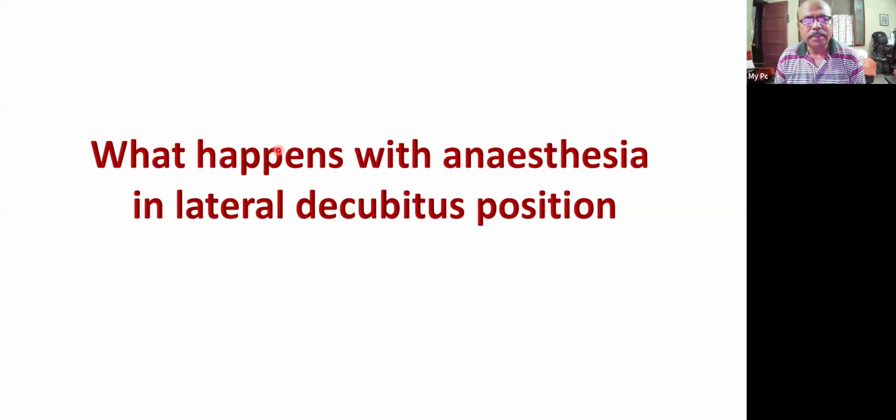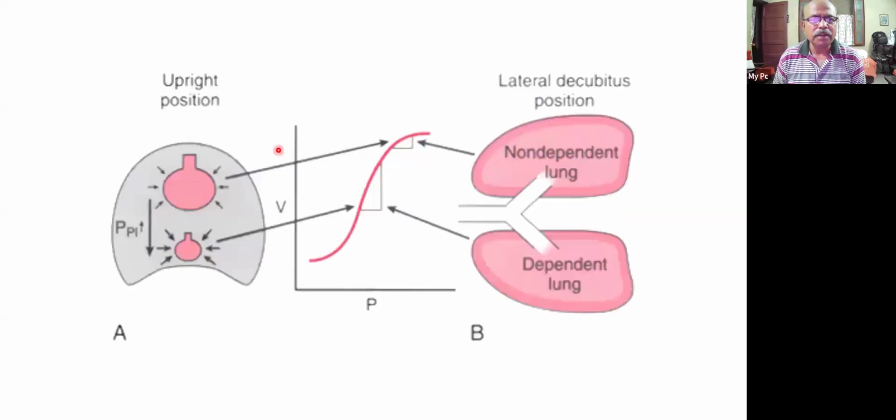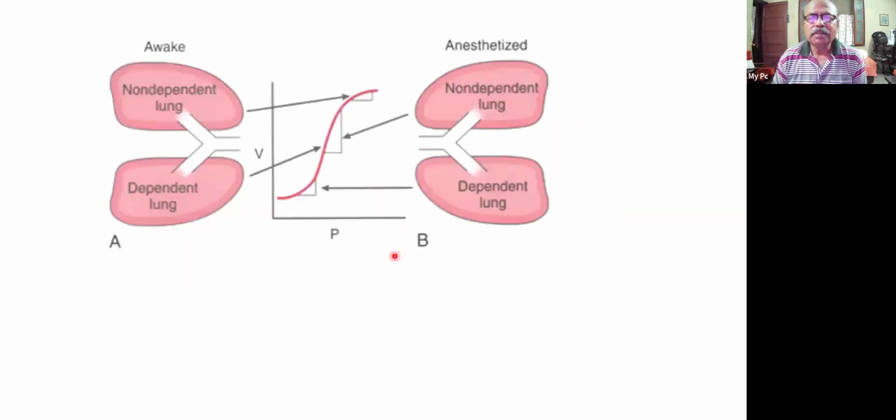What happens with anesthesia in the lateral decubitus position? In the awake lateral decubitus position, you can see the non-dependent lung is taking the flat portion of the curve, while the dependent lung is taking the steep portion of the curve. Once the patient gets anesthetized, the positions change. Now the non-dependent lung takes the steep portion of the curve, and the dependent lung takes the flat portion of the curve.